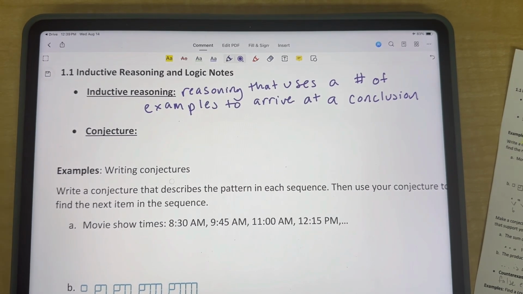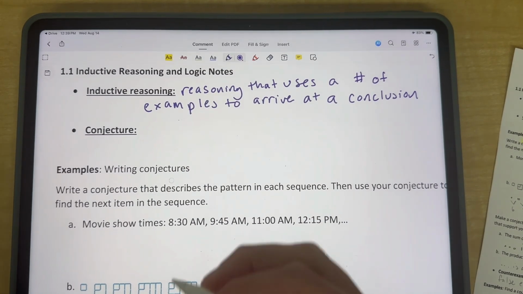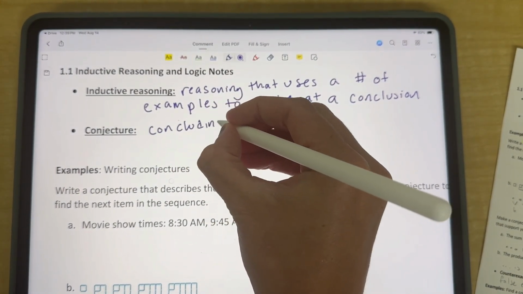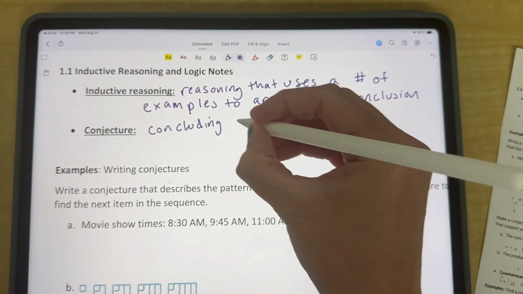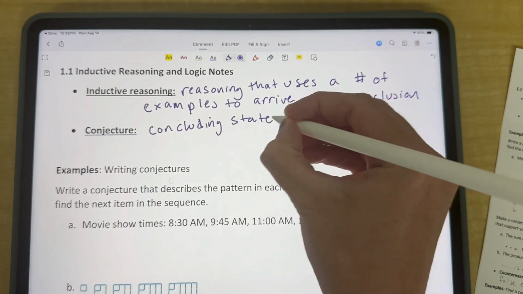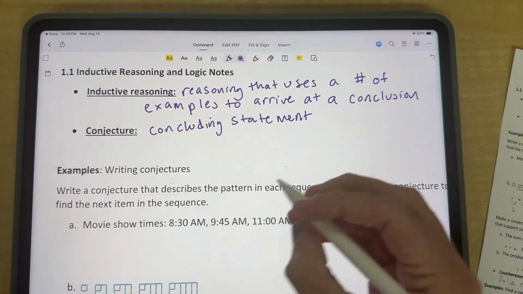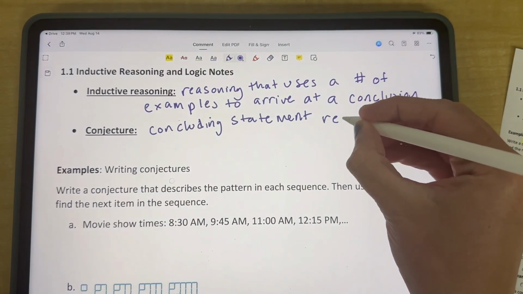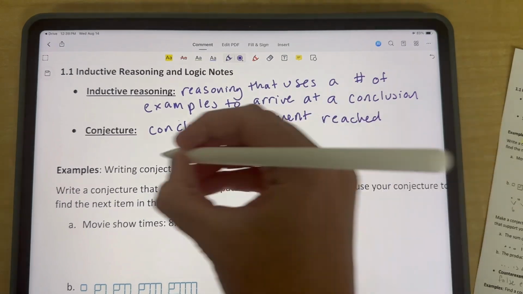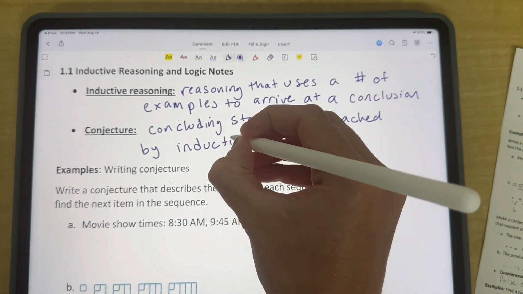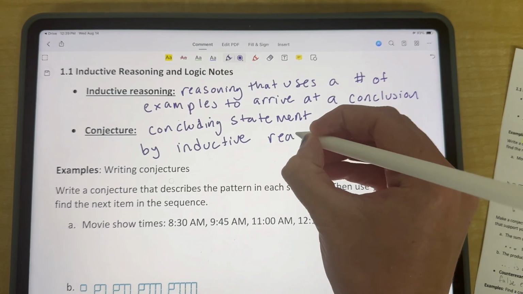And then what is a conjecture? A conjecture is the concluding statement reached by inductive reasoning.